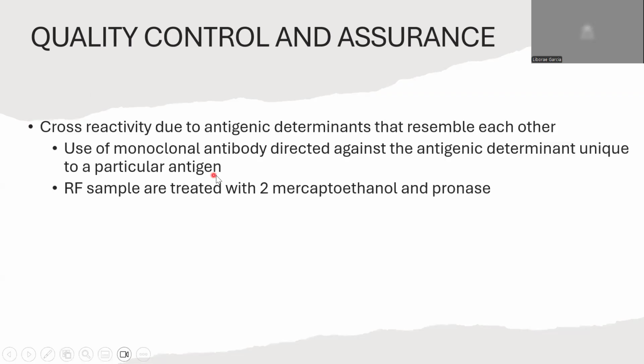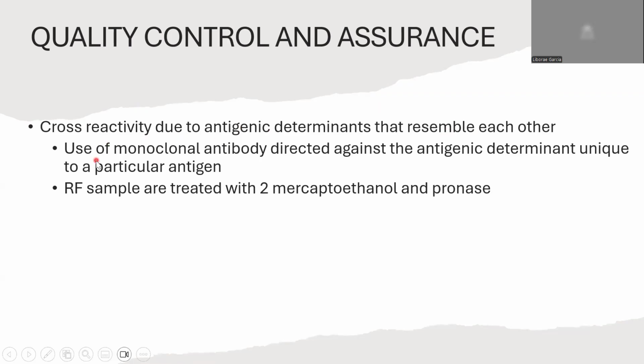So next is the quality control and quality assurance. Okay? In every subject, you need QC or QA. So for QC in IS, it is possible that there is cross-reactivity with antibodies due to the epitopes they attach to. It is possible that they are close to each other or resemble each other.